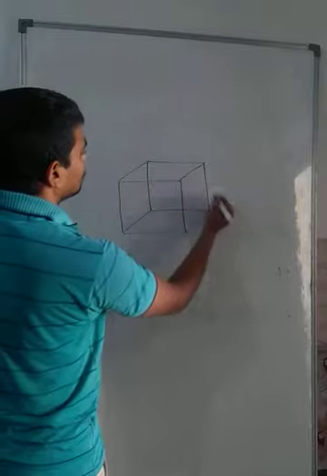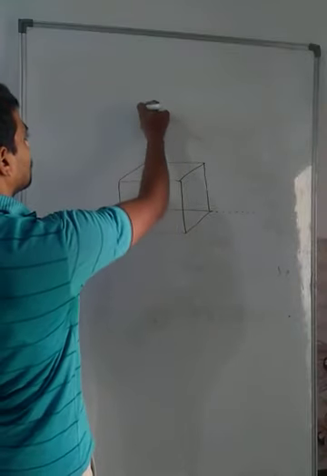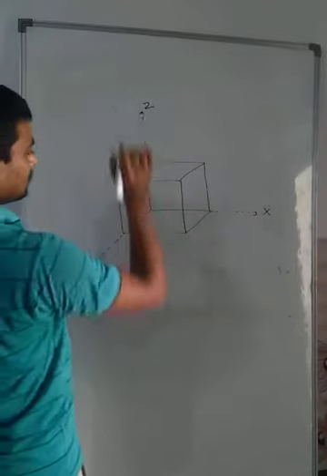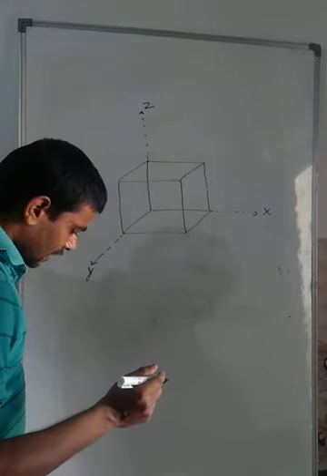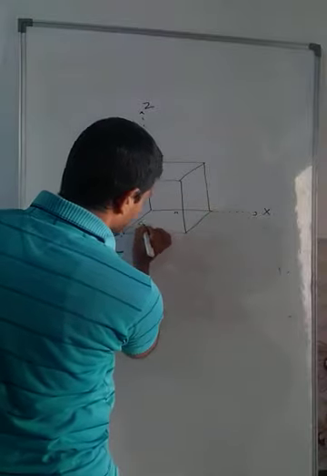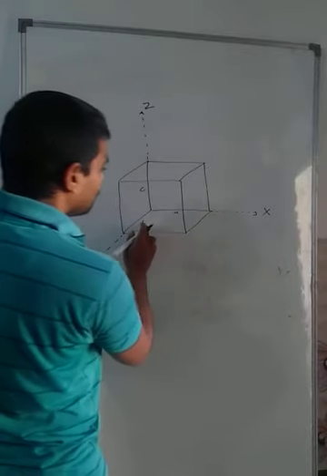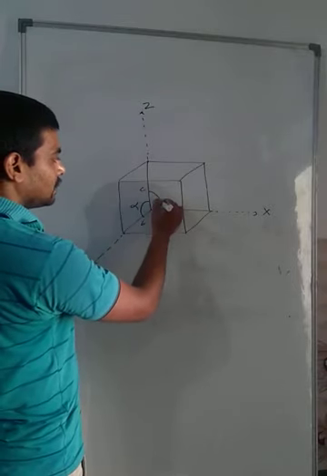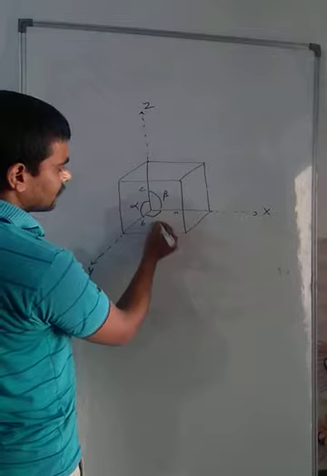This is our unit cell, with axes X, Y and Z. The sides are A, B and C. The angle between B and C is termed alpha, between C and A is beta, and between A and B is gamma.